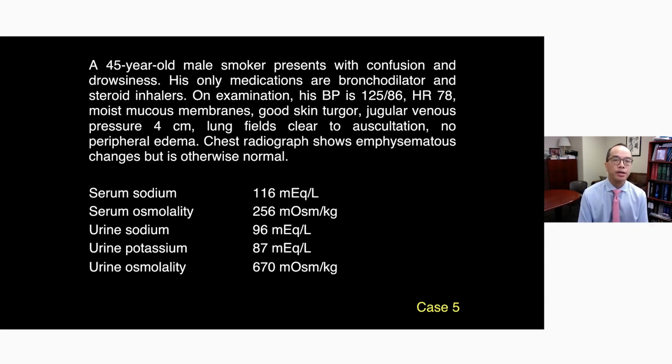Next question. A 45-year-old male smoker presents with confusion and drowsiness, looks euvolemic, and chest X-ray shows emphysematous changes, but is otherwise normal. And so this is a case of severe hyponatremia. Sodium is 116, serum osmolality is 256, and his urine osmolality is 670.